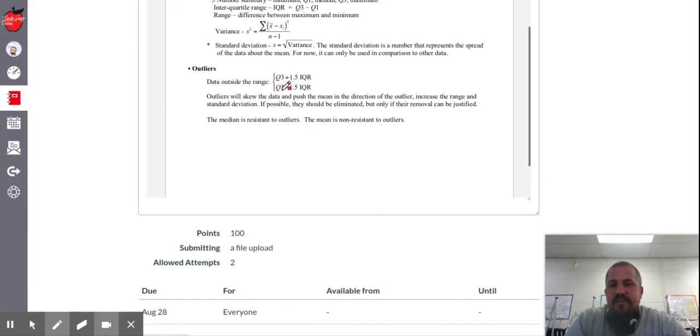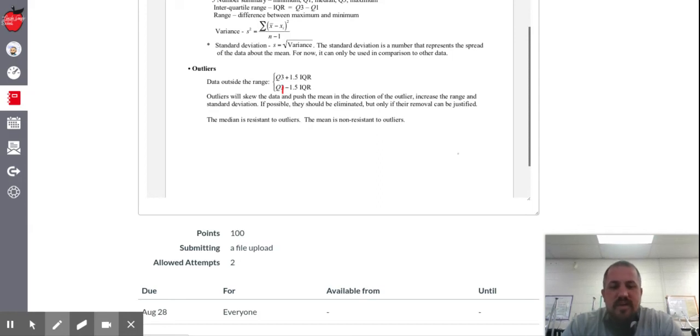So I'll change that on there. Basically, you find 1.5 times your interquartile range, and you add that to Q3. Anything greater than that is going to be an outlier. Take that same number you found earlier and subtract it from Q1. Anything smaller than that is going to be an outlier.